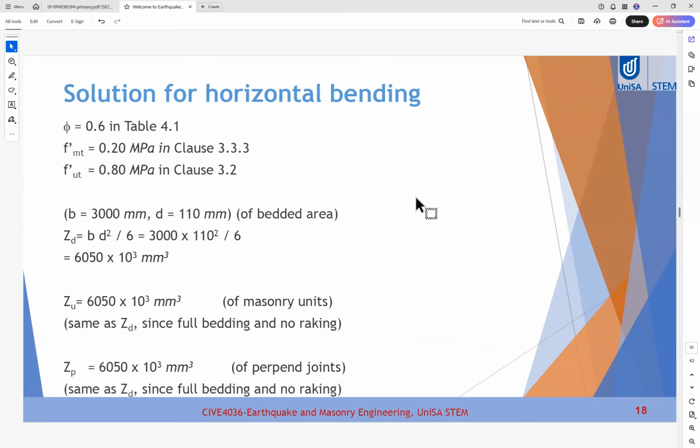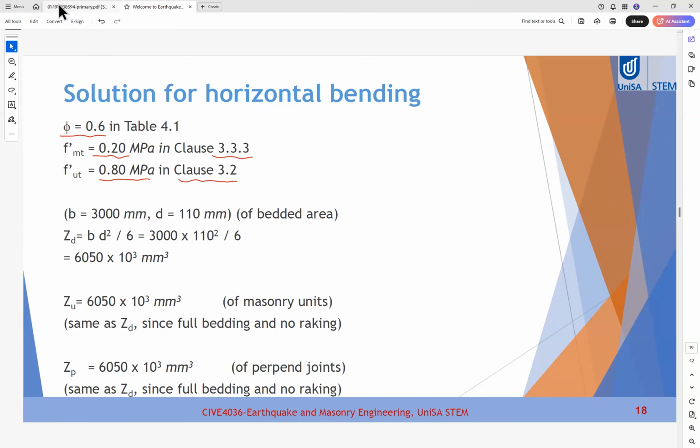First, how much is phi? Phi is 0.6. FMT dash is 0.2 MPa, from clause 3.3. FUT dash is 0.8, from clause 3.2.